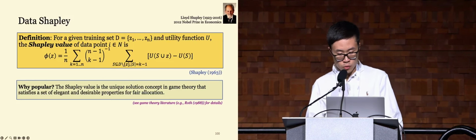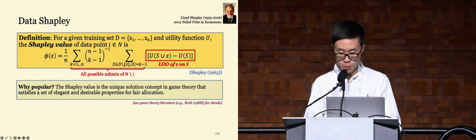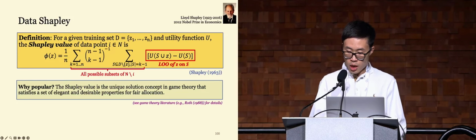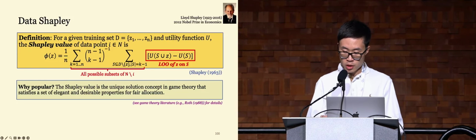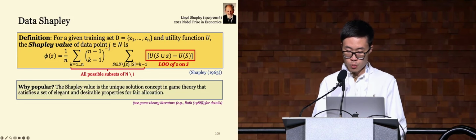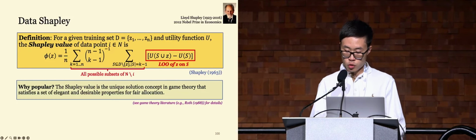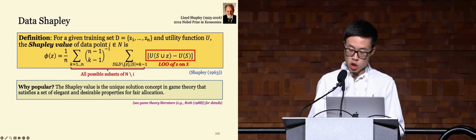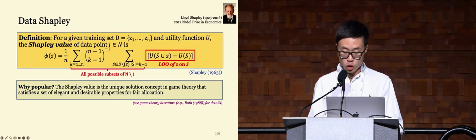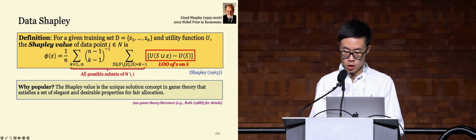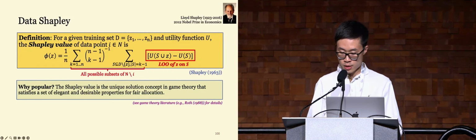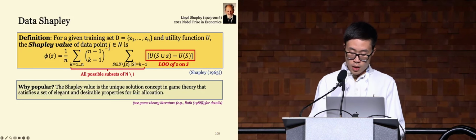Here we need to recall the definition of the data Shapley. The data Shapley is generally considered a principled, theoretically grounded way to quantify training data importance. It is well known that the Shapley value is the only solution concept that satisfies certain fundamental axioms in game theory.